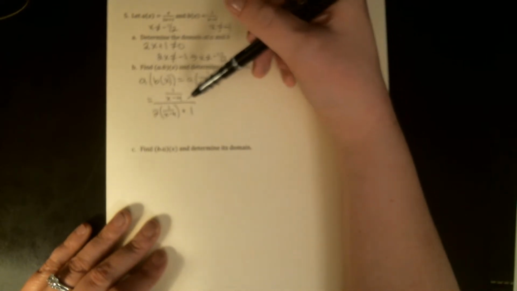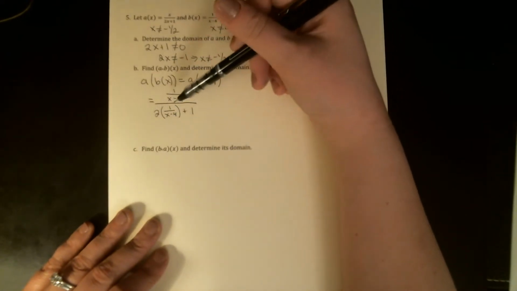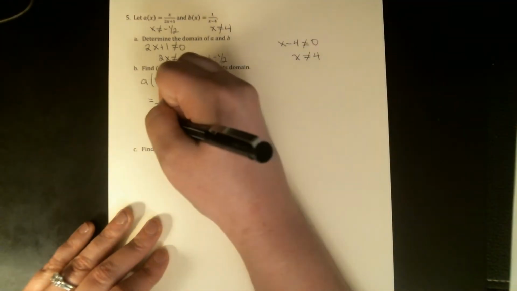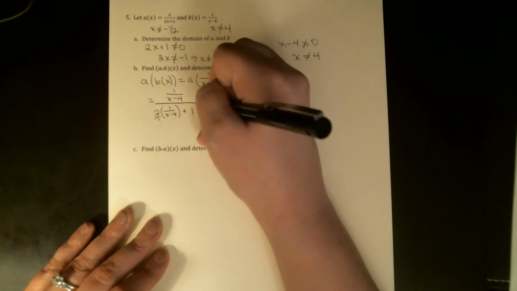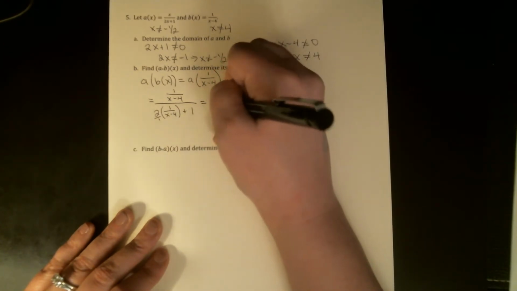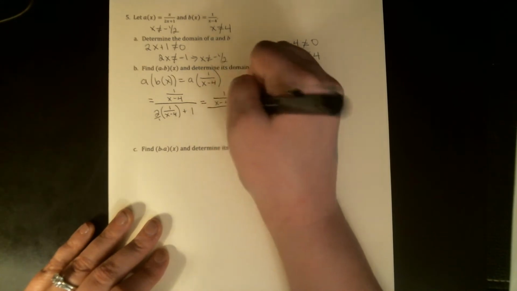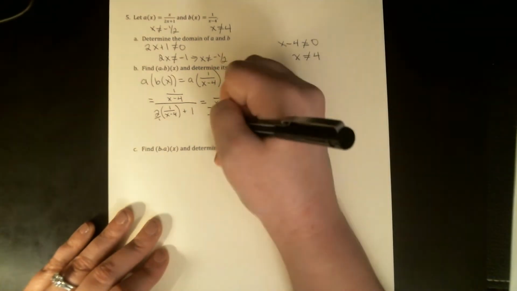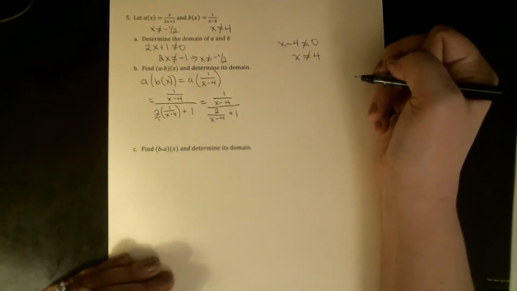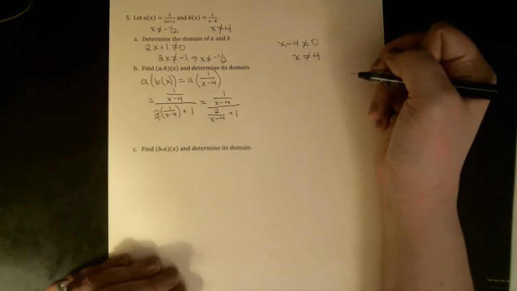I think the first thing I'm going to do here is to deal with the parentheses. The big goal is to clear fractions in fractions, but I see people make mistakes with that. So I'm going to make sure everyone's really clear on the fact that that's a 2 over 1, which turns this into 1 over x minus 4 over 2 over x minus 4 plus 1. So the 2 only affects the numerator of that fraction.